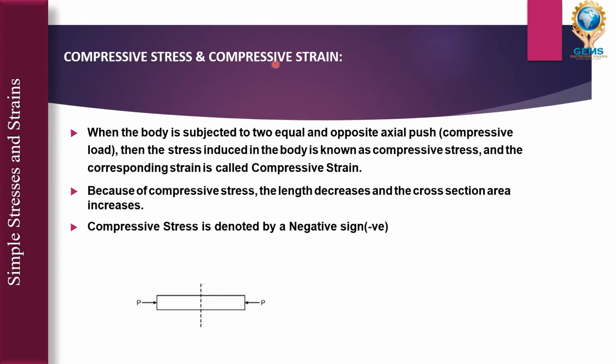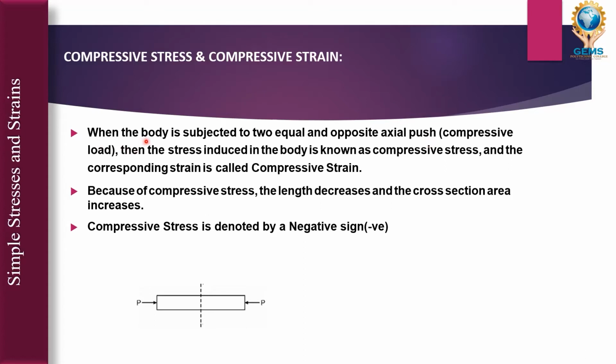Now we will see another topic. Compressive stress and compressive strain. Listen, what does the definition say? When the body is subjected to two equal and opposite axial push, one thing you should always remember: in tensile stress it was written pull, but in compressive stress it is written as push.